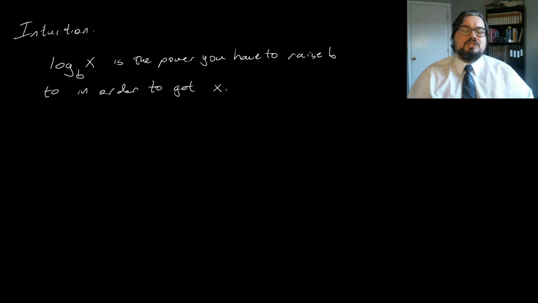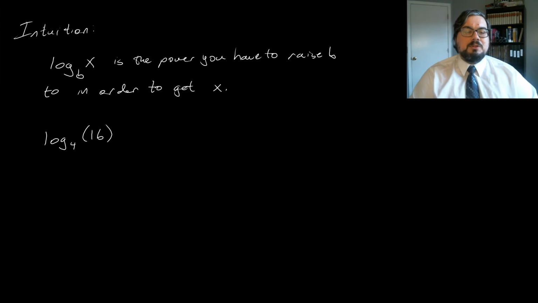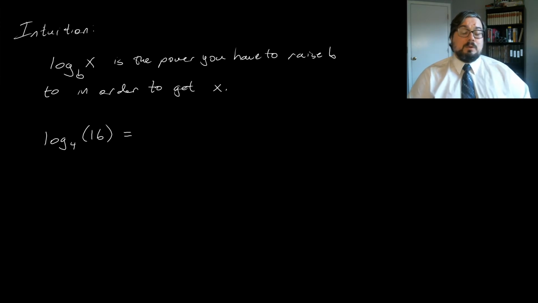Now, this is really just a restatement in words of the definition of the logarithm, but it's a useful way of thinking about it. So, for instance, if I ask for log base 4 of 16, what the logarithm is doing is it's asking, what do I have to raise 4 to in order to get 16?